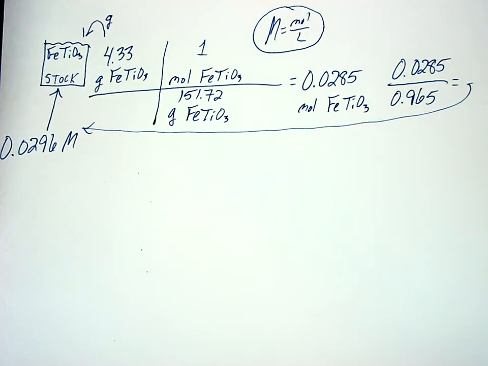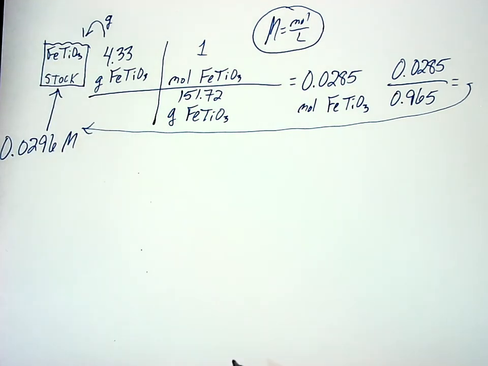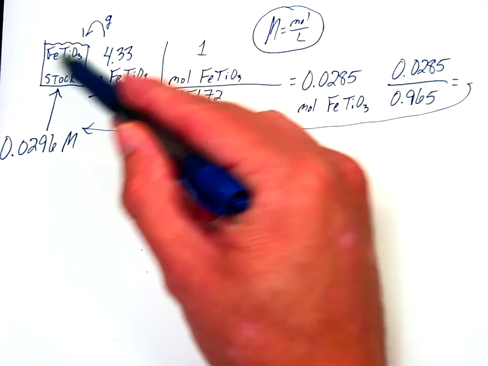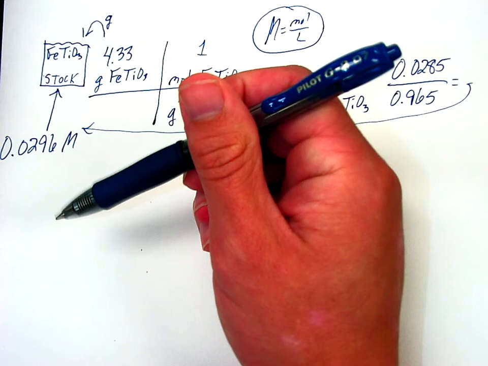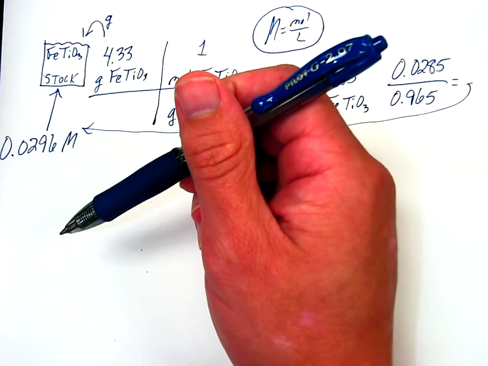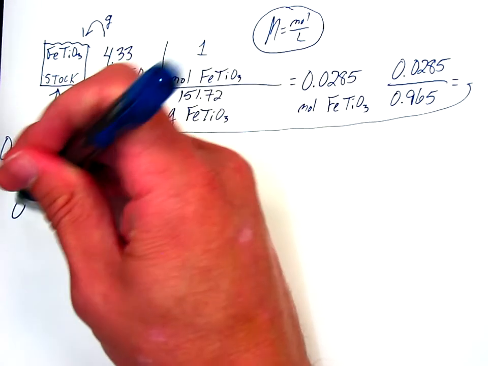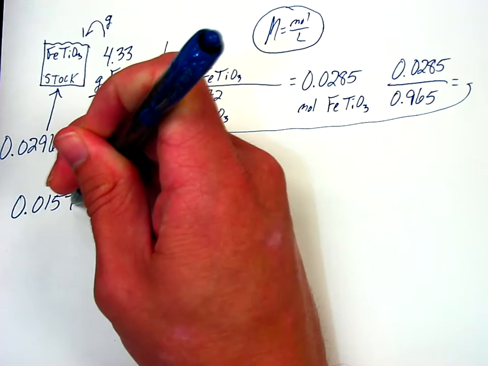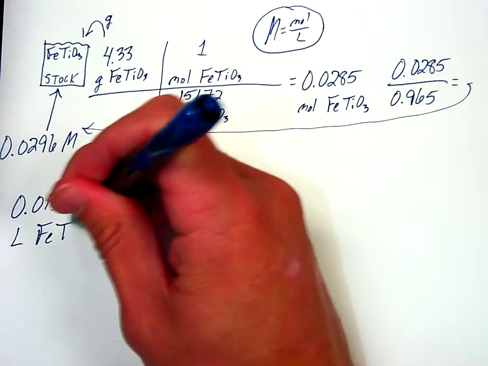And now we're ready to start the problem. It says we're going to use this stock solution in a greater equation. You can see the equation in the problem, reacting with chlorine and carbon. And it tells us how many liters we're going to pull out of this to start our reaction, and the value that it gives is 0.01575 liters of FeTiO3.